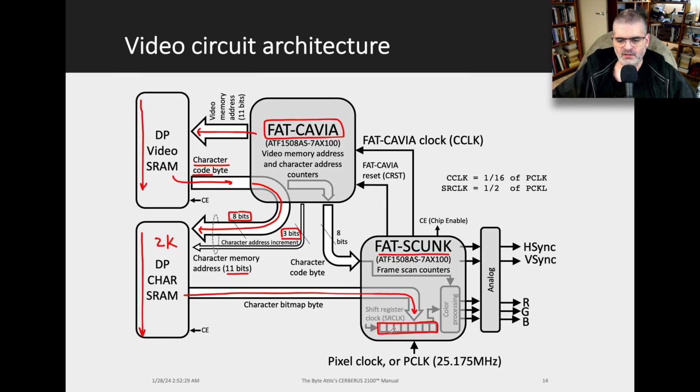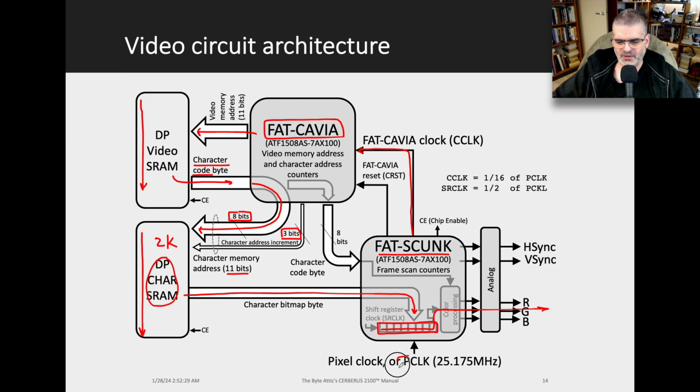And from here, we can shift the corresponding bits out to the VGA screen, to the monitor, through the pixel clock. So here you can see that the pixel clock has to be at least 8 times faster than the Cavia clock, because Cavia is reading out 1 byte at a time from the character memory, but then we have to shift out all the 8 bits of that byte before we can load another byte from character memory.